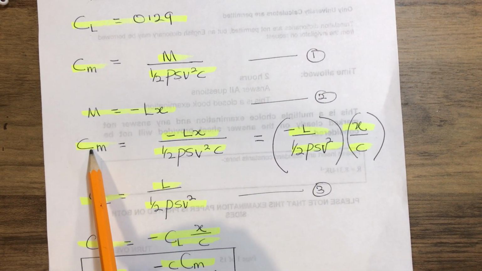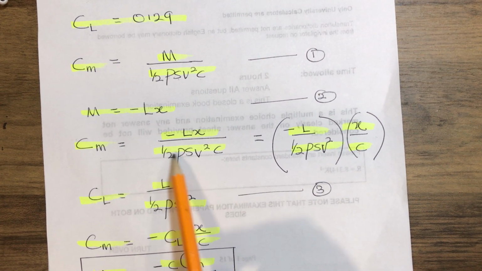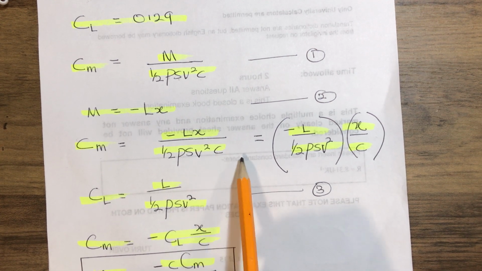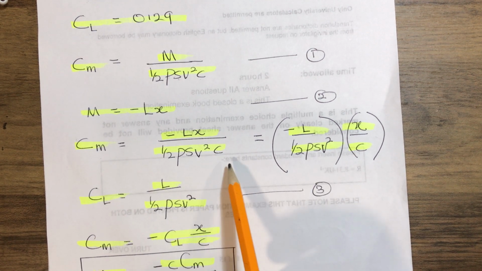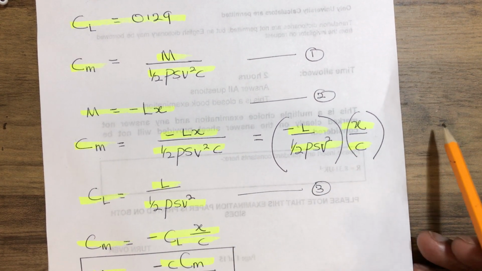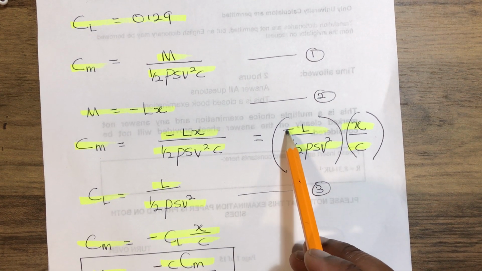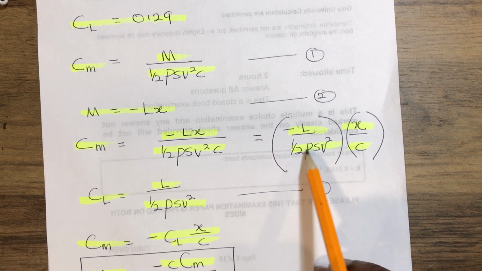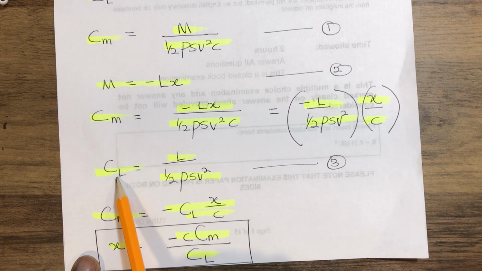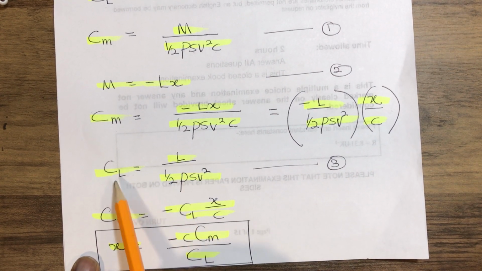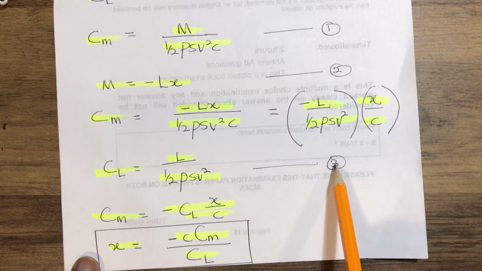From there, we have our coefficient of moment, which equals negative L x over half rho S V squared C. From there, we can bring out our x over c outside from the bracket. Then we'll resolve to have negative L over half rho S V squared, knowing fully well that the coefficient of lift formula equals lift over half rho S V squared, which gives us equation 3.